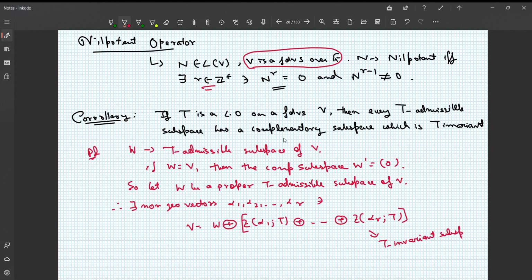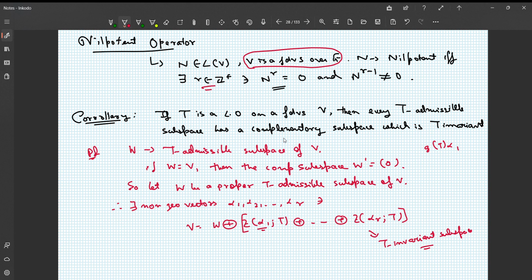Now this part is by definition a T invariant subspace. It's obvious, right? Each of these subspaces consists of vectors of this form. If you compose this with the linear operator, or see the image of this vector under T, you will get another polynomial in T only, which should also be inside the T cyclic subspace of alpha 1, and that happens for each of these T cyclic subspaces.